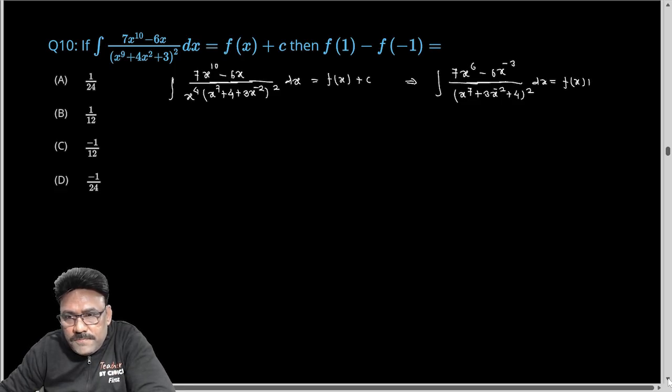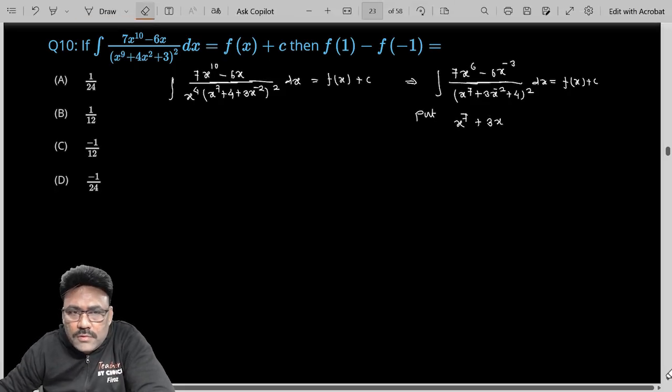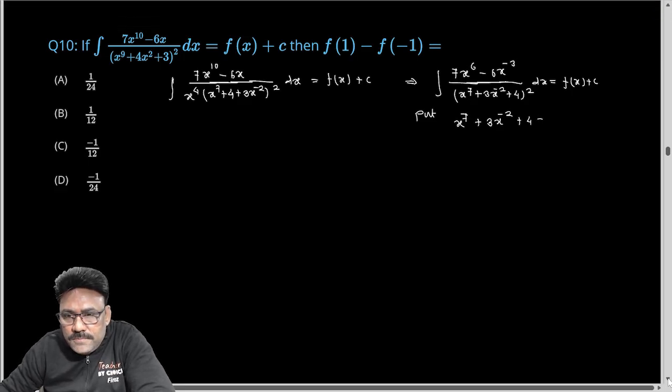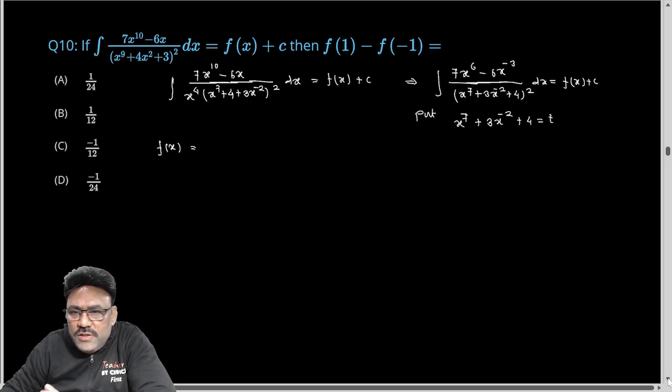Now substitute x raised to 7 plus 3x raised to minus 2 plus 4 as t. When you differentiate it, you can see that the numerator becomes dt. So ultimately your f(x) is dt by t square, which means minus 1 by t.